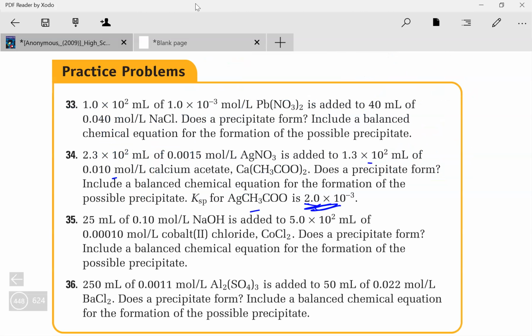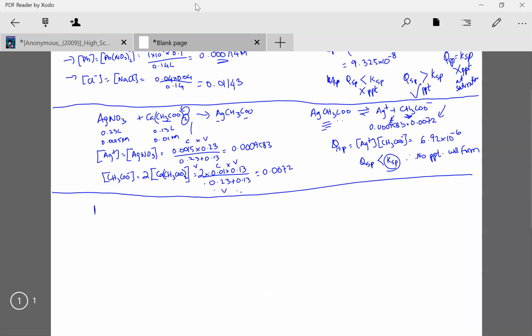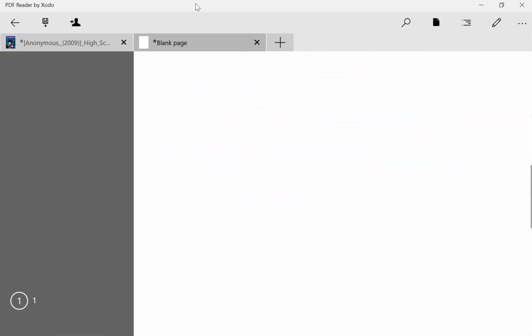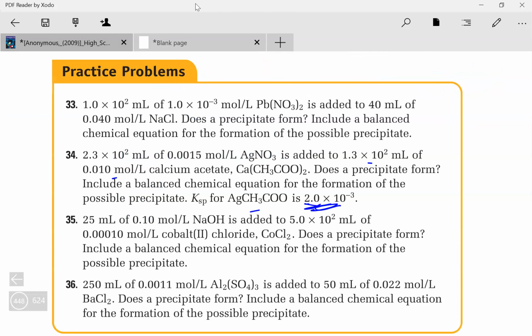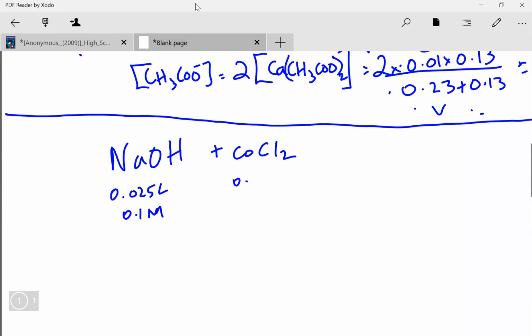All right. Sodium hydroxide, cobalt chloride, 25 ml, 0.1 mole per liter. Sodium hydroxide. Cobalt chloride. 0.5 0001. Okay, we know that our sodium chloride is uninteresting.